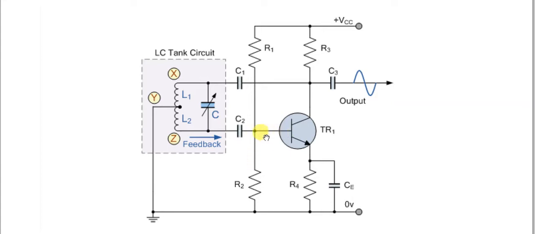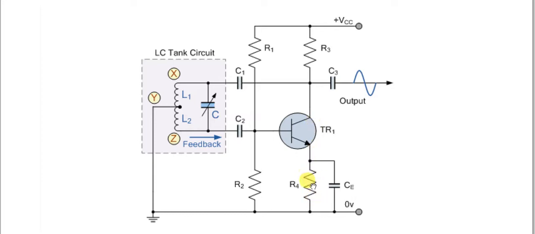This is the emitter resistor, R4, which is for the stability of the Q point. It brings the slope of the load line down. It does not subject the load line to increase with the increase in the beta gain, as we have already discussed in the amplifier sections.